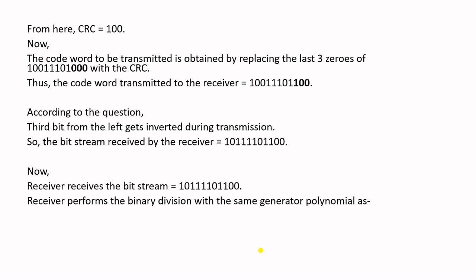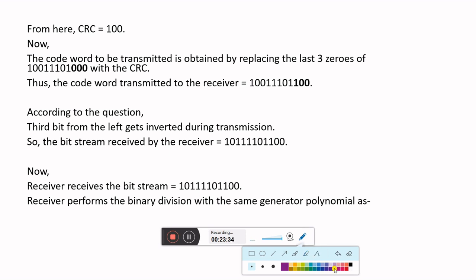So according to the question, the third bit from the left gets inverted during transmission. So the bit stream received by the receiver is: here it is the code word, and according to the question, the third bit from the left, this is the first bit, is same.